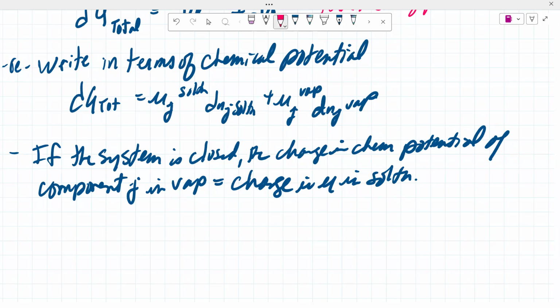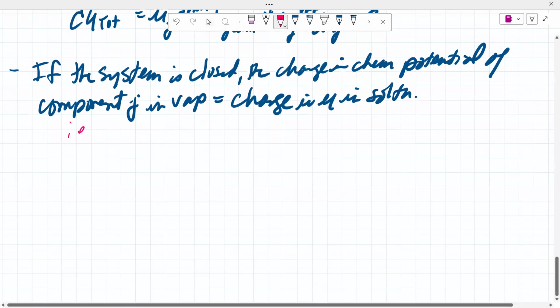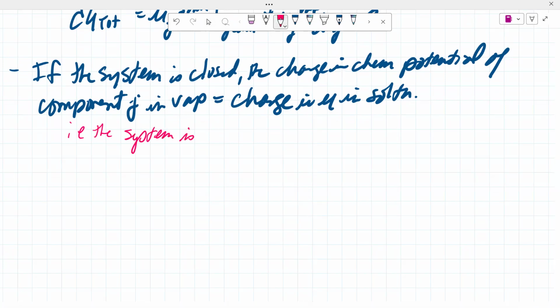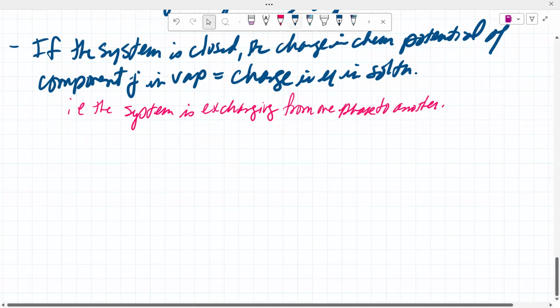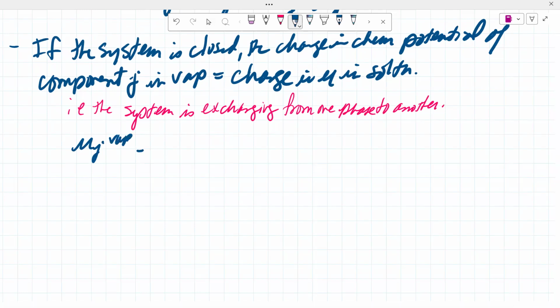So in other words, the system is exchanging from one phase to another. So we can write that mu J of vaporization equals mu J of the solution.